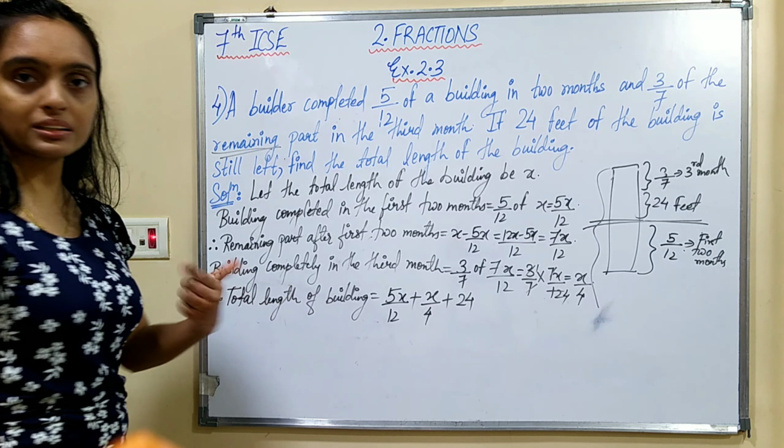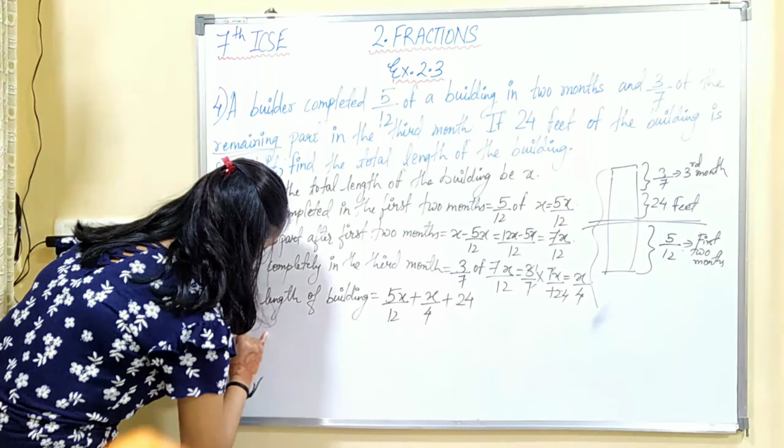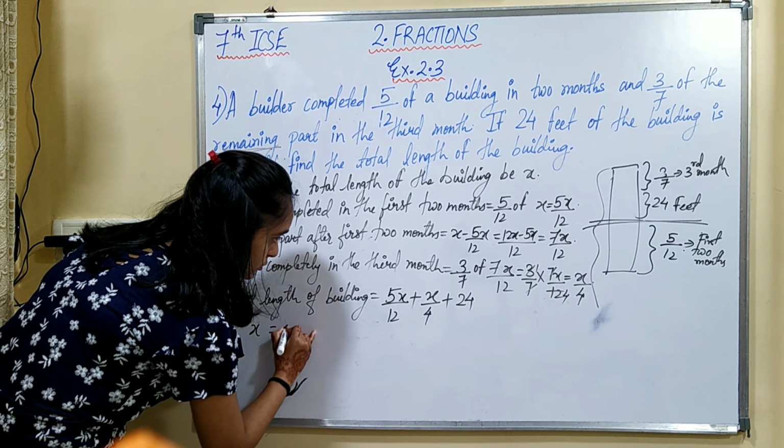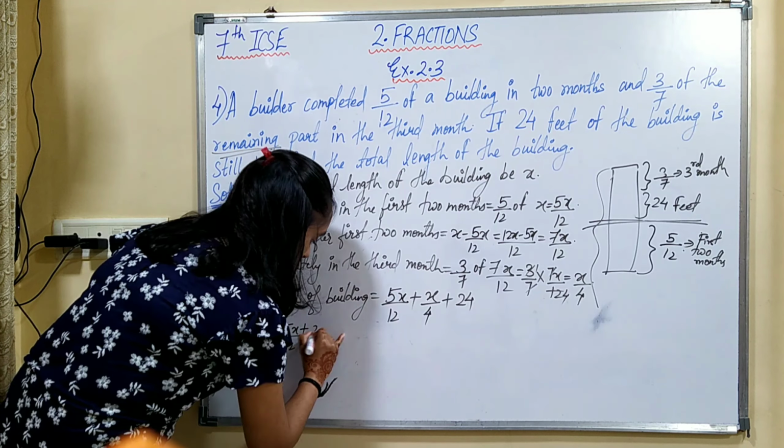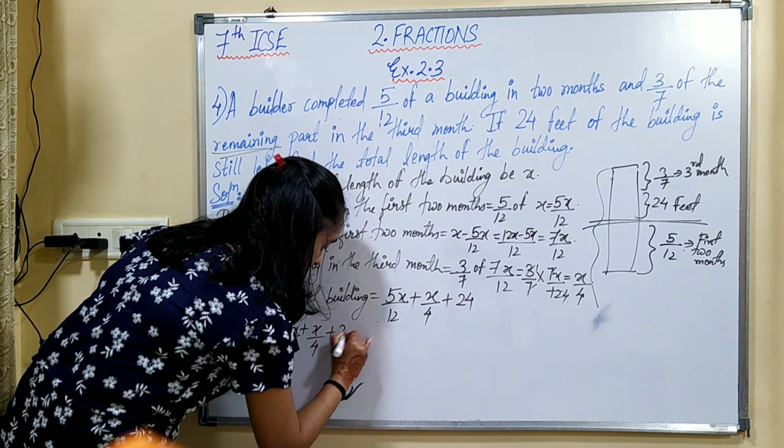And total length of building is x. So therefore, x equals to 5x upon 12 plus x upon 4 plus 24.